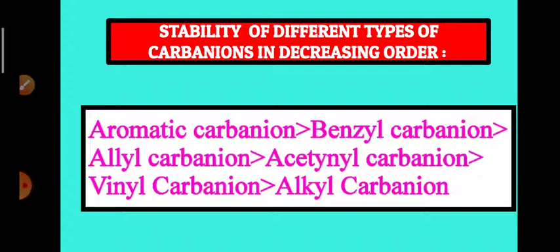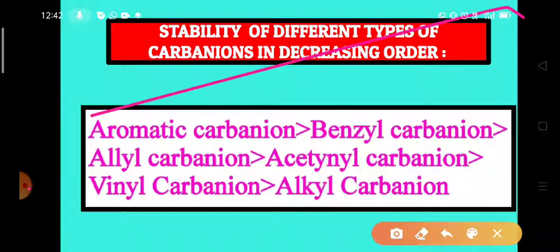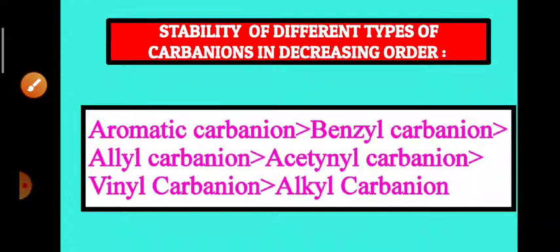And among the alkyl carbon ions, tertiary carbon ions are the least stable, and the methyl carbon ion is the most stable among the alkyl carbon ions. But among all the carbon ions, aromatic carbon ions are the most stable carbon ions.